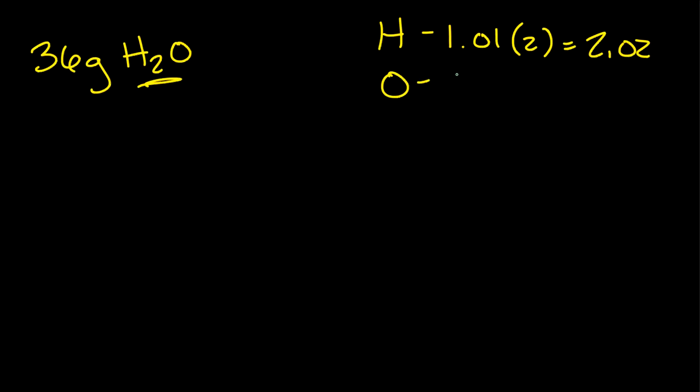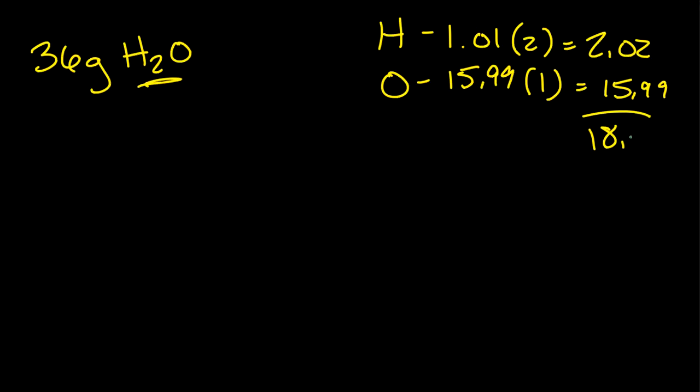Oxygen is 15.99, and there's one of them, so that's 15.99 still. So I add those values together, I get 18.01 grams per mole for its molar mass. Now some people will round it, they may just use 18 grams, and that's completely fine if you do. I'm just choosing not to this time.